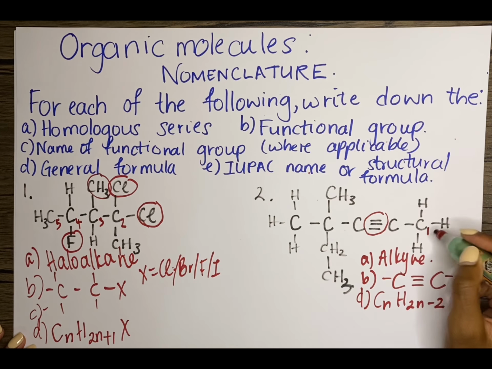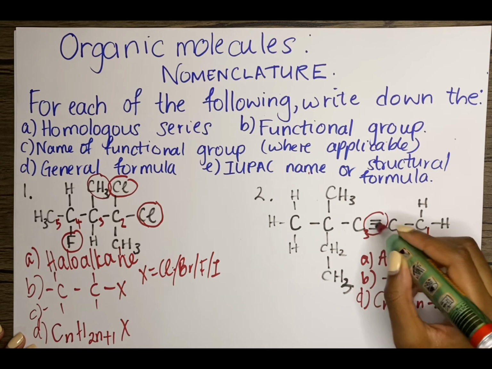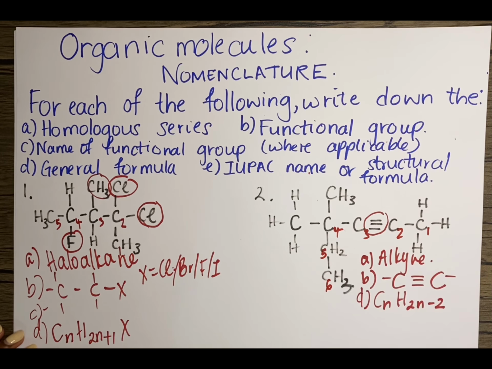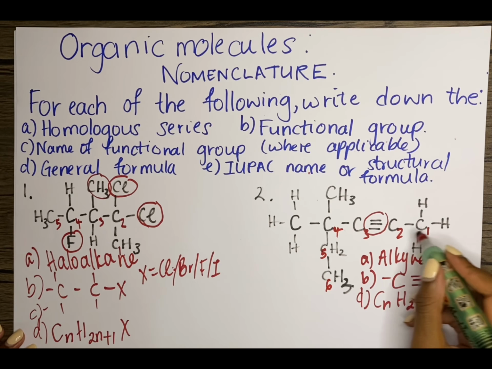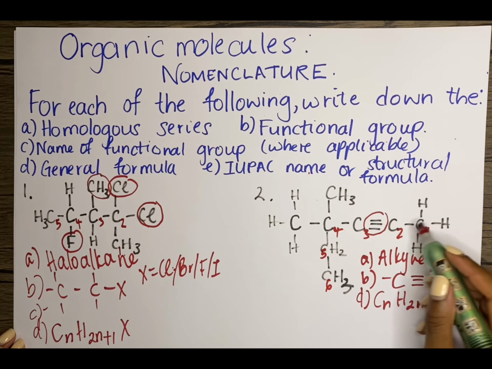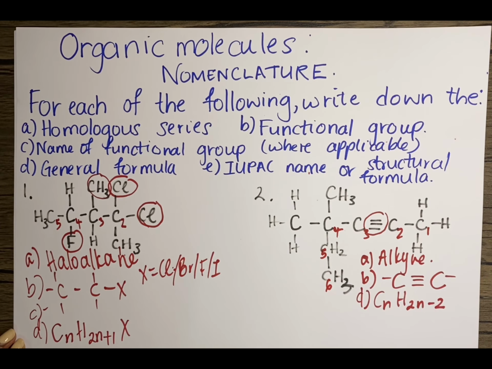So if you number from this side, this would be your longest chain. If you had numbered all the way to here, then your longest chain would be 5, which means that's actually not the longest chain. So you number going down here, then you'd have a long chain of 6 carbons, right?